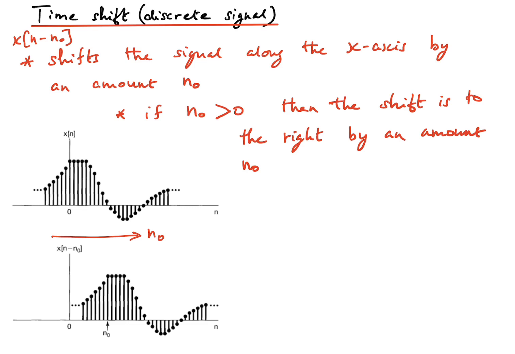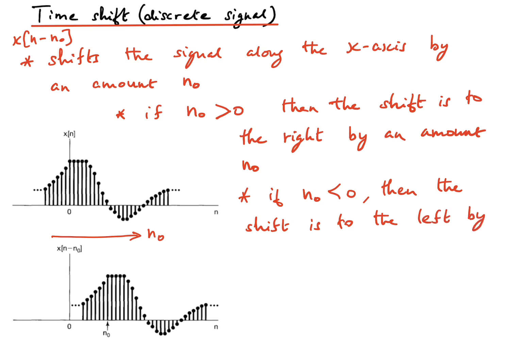And if n naught is negative, meaning n naught less than 0, then the shift is to the left by an amount n naught.